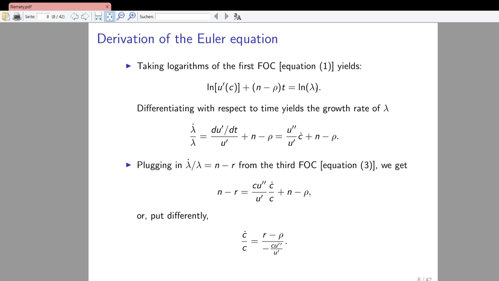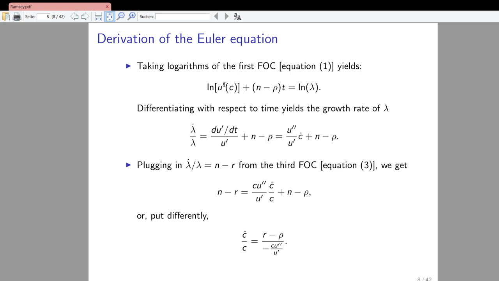If we differentiate this expression with respect to time, we again get the growth rate of the co-state variable, and we get here the derivative of the logarithm of u prime of c, so that's 1 over what we have in the logarithm, u prime, times the derivative of the utility function with respect to time, which we will see again. We have to apply the chain rule for that.